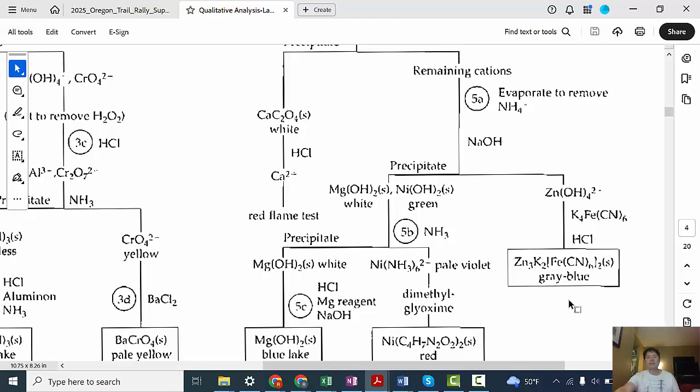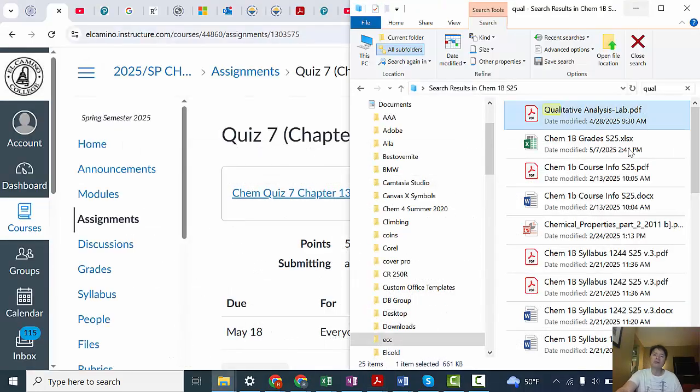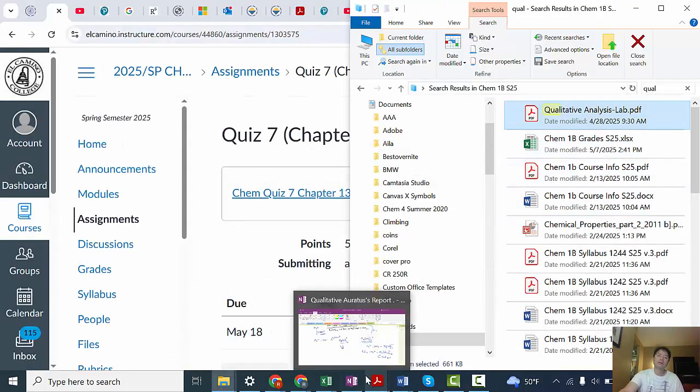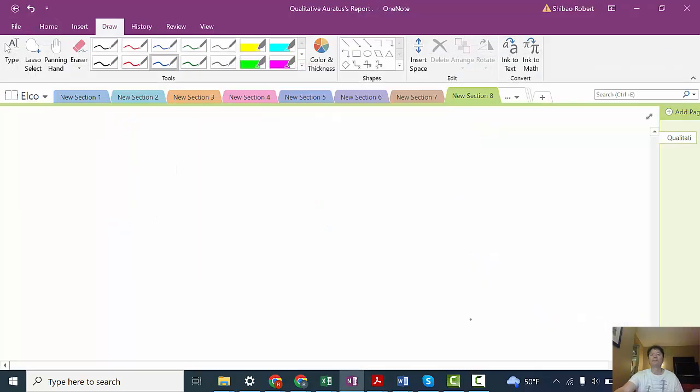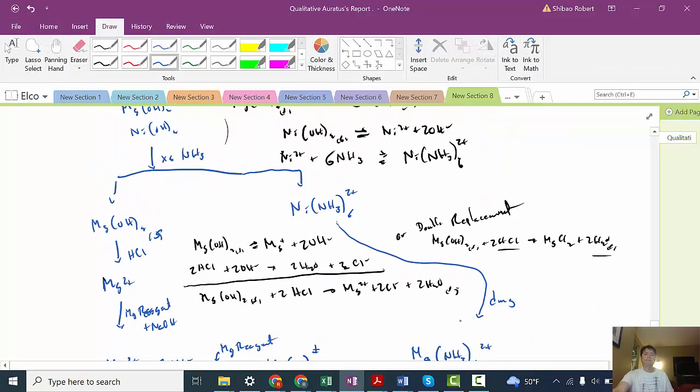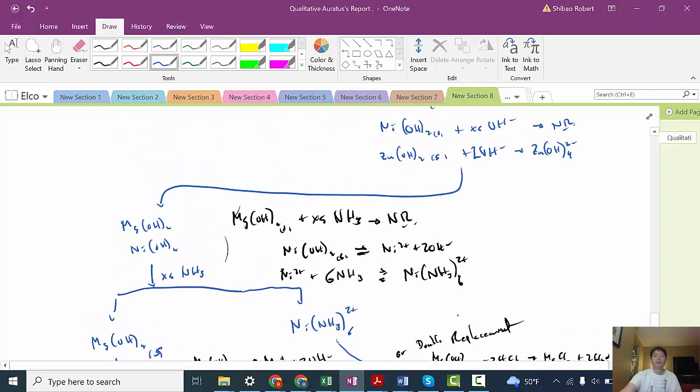And then we form this, the Zn3 from K2. How many complexes do we need? 2 complexes. So that's on this branch over here. So I'm going to branch off here, and then we're going to have this Zn(OH)4 2 minus here.